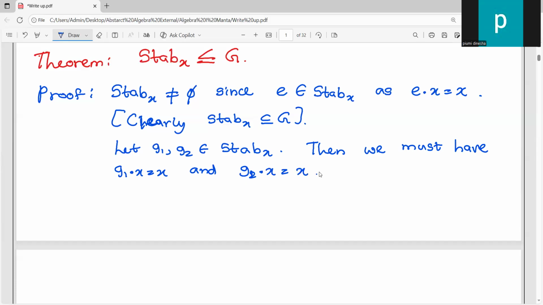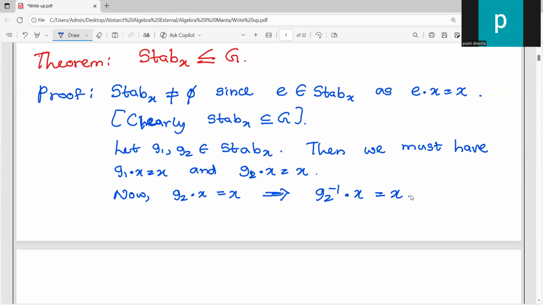Now observe g2 dot x is equal to x. This implies that g2 inverse dot x is also equal to x.